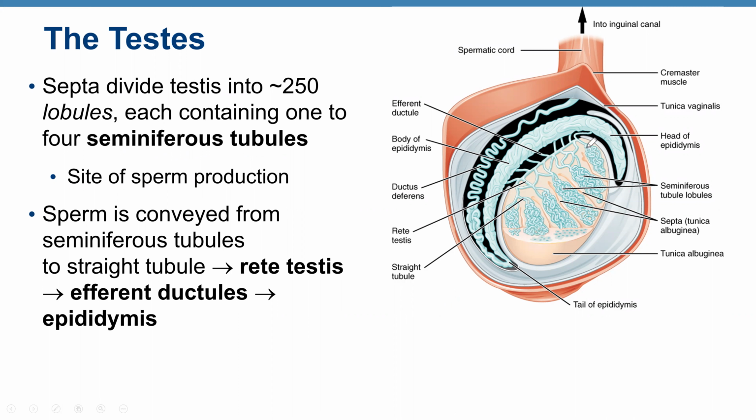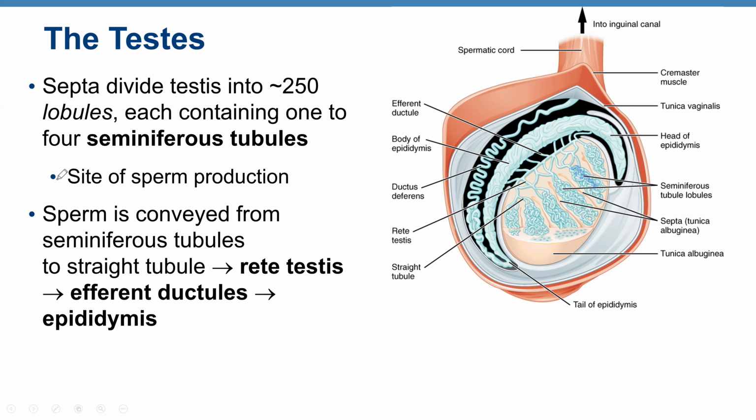Inside, you have tubules. You see these convoluted tubules shown over here; those tubules are called seminiferous tubules. And we have septa that divide the testis into lobules, right? And in each lobule, you will find the seminiferous tubules.